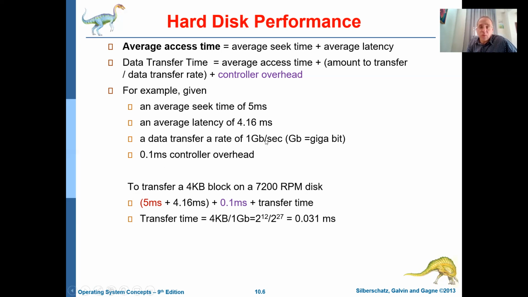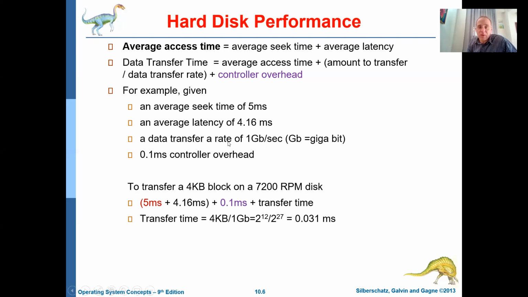So the data transfer rate is 1 gigabit. And let's say the controller overhead is 0.1 millisecond. So to transfer a 4 kilobyte block on a 7,200 revolutions per minute disk, well, this is a misleading piece of information because I don't care about how many revolutions per minute, because I was given an average seek time and an average latency.